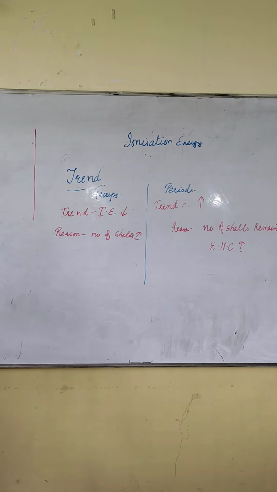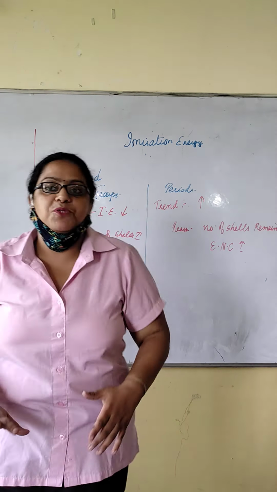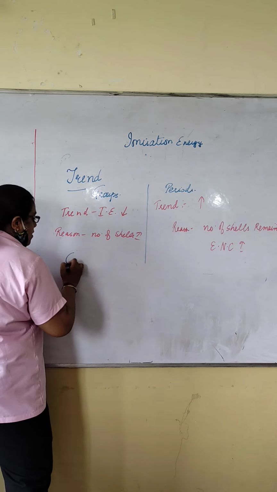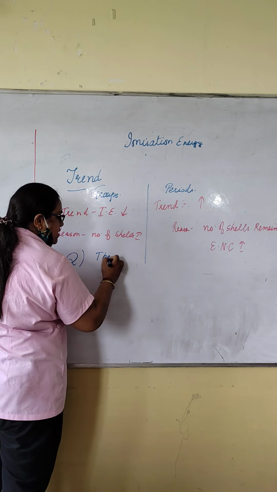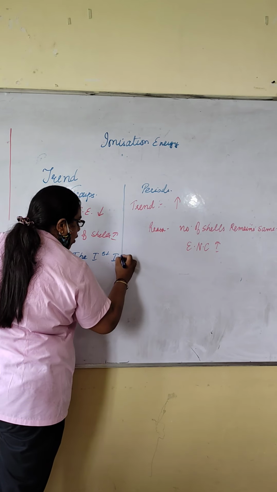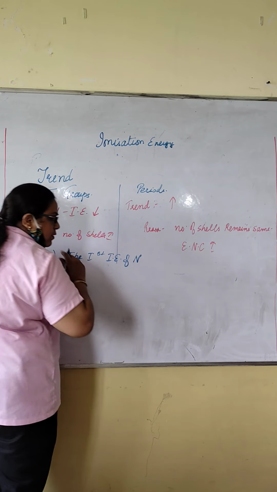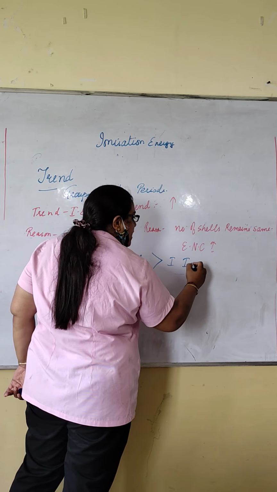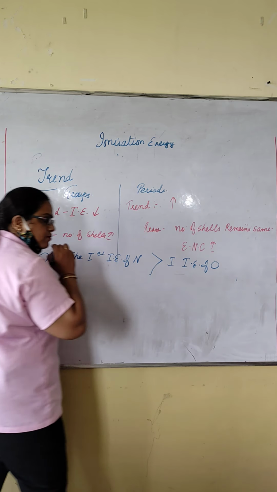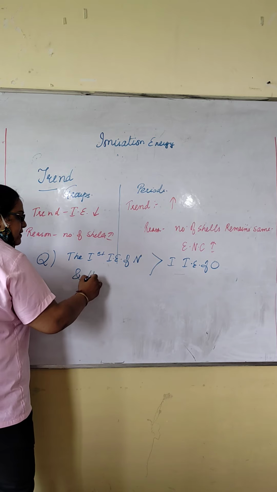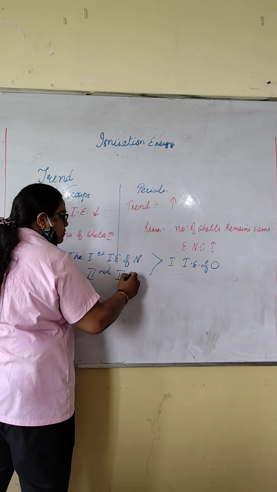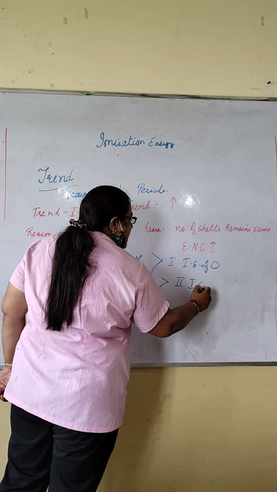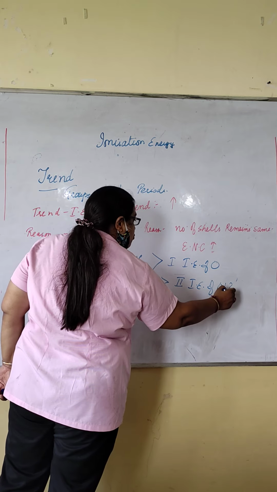But there are a lot of exceptions. The common exception is that the first IE of nitrogen is greater than that of the first IE of oxygen, and the second IE of oxygen is greater than that of the second IE of nitrogen.